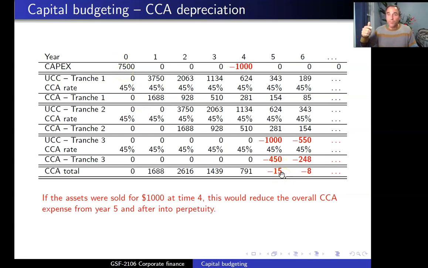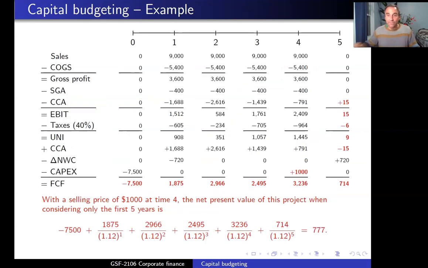So the overall depreciation that the firm will be able to deduct from this asset class will be $15 less at time 5, $8 less at time 6, and so on. In this case, selling the asset for more than the undepreciated capital cost at time 5 will reduce the present value of the CCA tax shield.